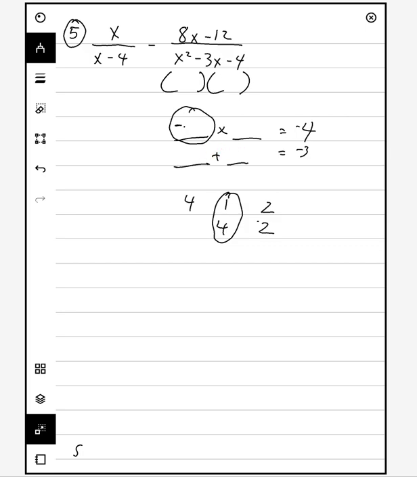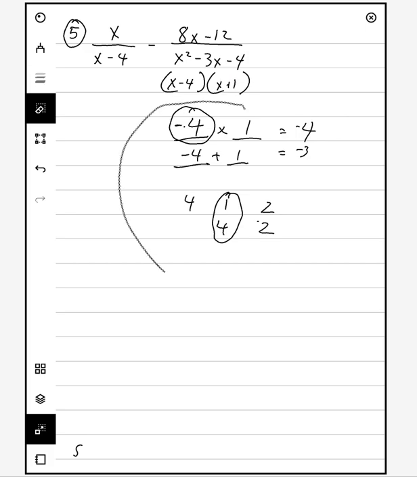Which is going to be the negative one? It's going to be the larger one, 4. So it's going to be negative 4 times 1. And it's also negative 4 plus 1 gives us negative 3. So cool. That's our factor. Put that in here. X minus 4, x plus 1. All right. I'm going to delete this for now. I'll give you a couple of seconds just to look at it.